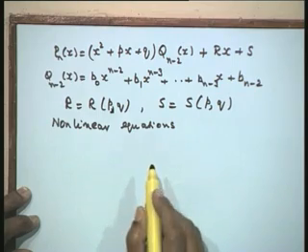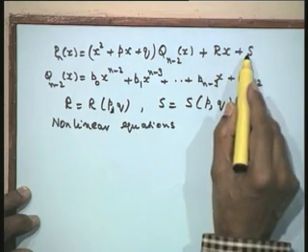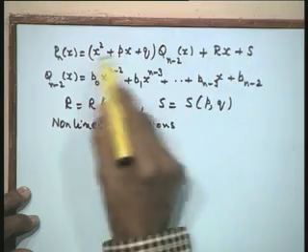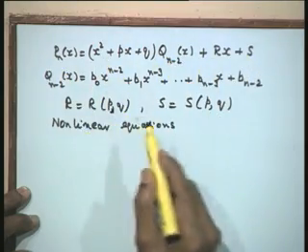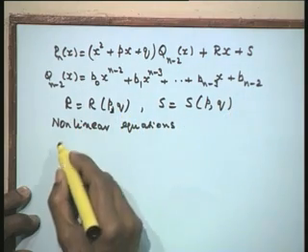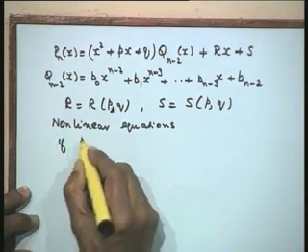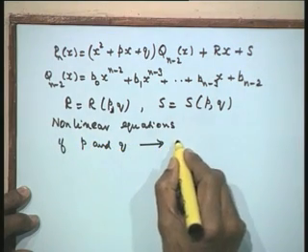Now, we would be getting the exact factor if r and s were identically 0. If r and s were identically 0, this is exactly divisible and we have got the exact factor. Therefore, the problem is to determine p and q such that r and s tend to 0.